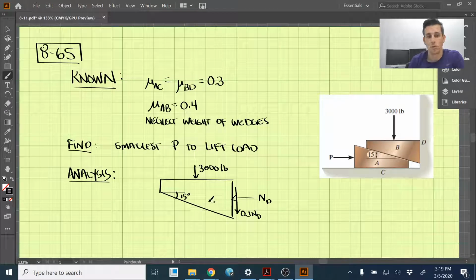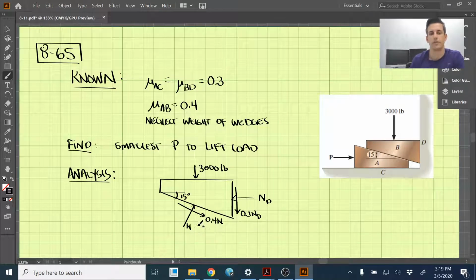We're going to have a normal force that the block A is exerting on block B. So we're going to have this normal force, I'm going to draw that upward, call that N. And then lastly, a frictional force here, and that's going to be equal to the coefficient of friction between the two blocks, 0.4 times N. Notice that this N is different than ND.